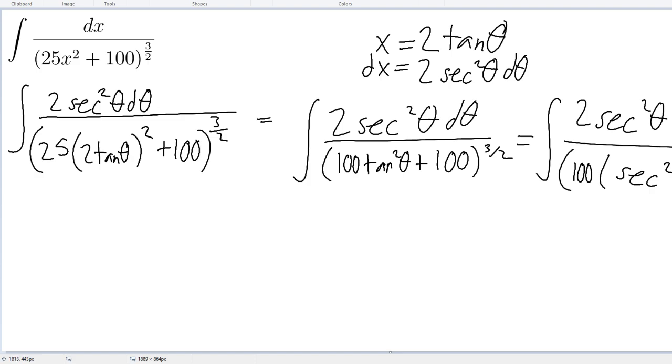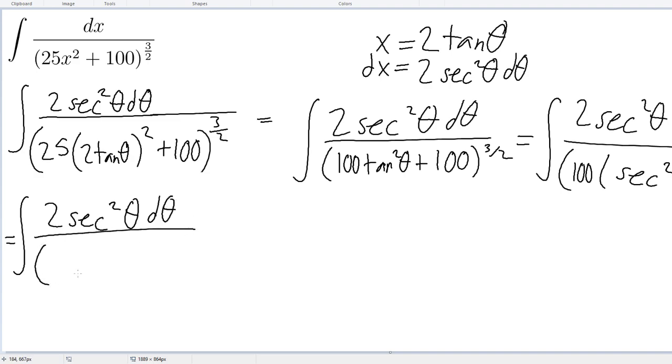So start with the root, okay? Because of course our main objective was to get rid of the square root. So the integral of 2 secant square theta d theta. What is the square root of 100? 10. What's the square root of secant square? Secant. Cool.